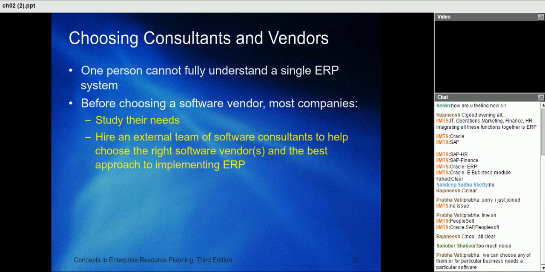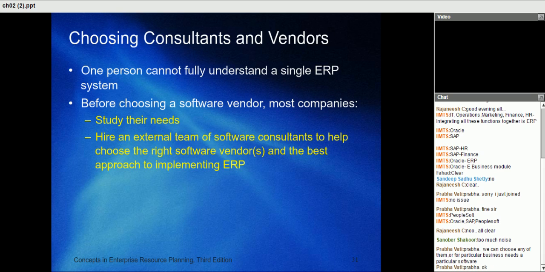Suppose one software is not working properly, or the employees of the company find its functionality difficult to use, you can simultaneously switch over to another software. So you need to have a replacement mechanism, so that your business must not suffer.